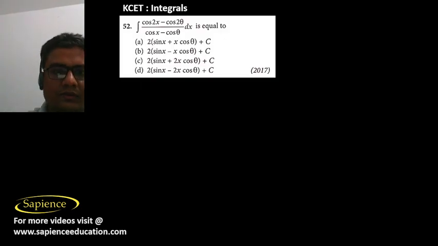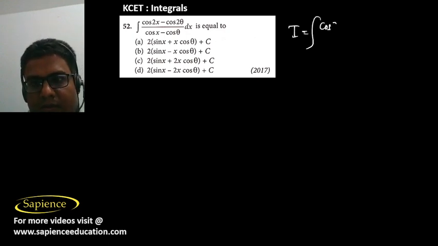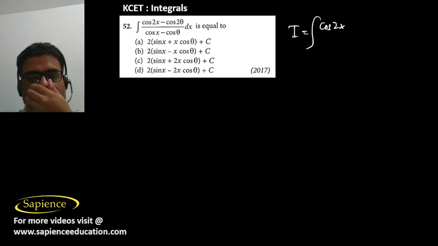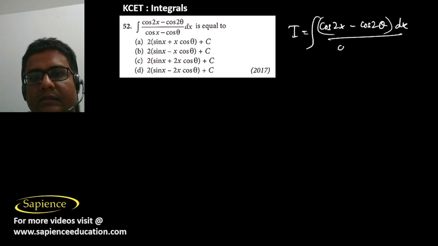Then in question number 52, it is told to find the integral I, which is cos 2x minus cos 2 theta into dx divided by cos x minus cos theta.